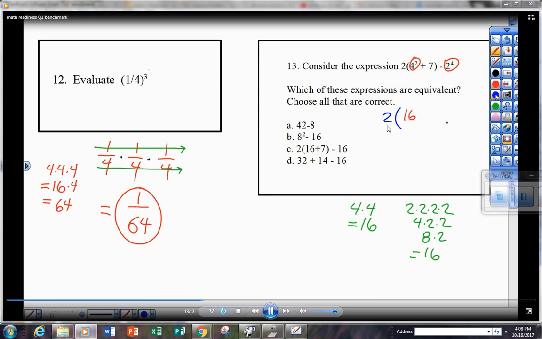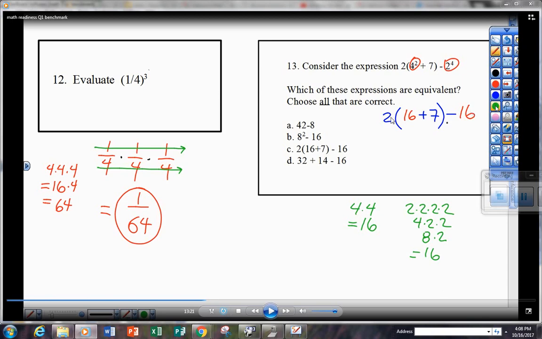So for this one, evaluate the exponents first and leave everything else alone. You can see right there in just that step that you could already choose one of your good choices. And again, this is another problem where you need to choose more than one to get this right. So again, 4 squared, 4 times 4 is 16. 2 to the fourth is also 16, multiplying 4 of those 2's.